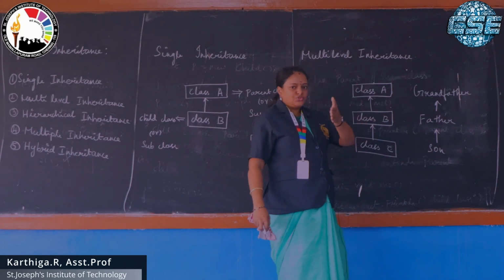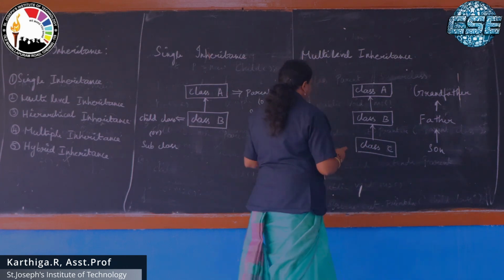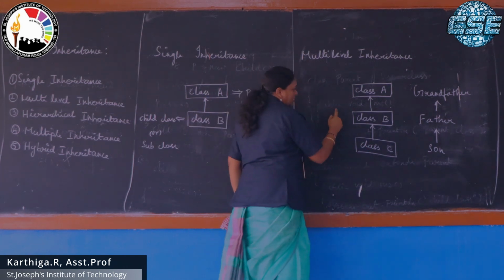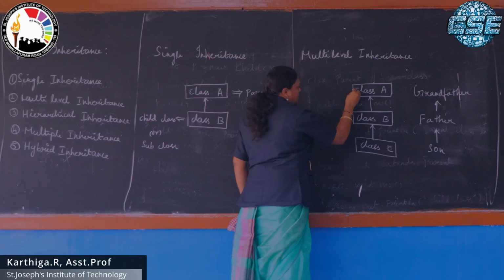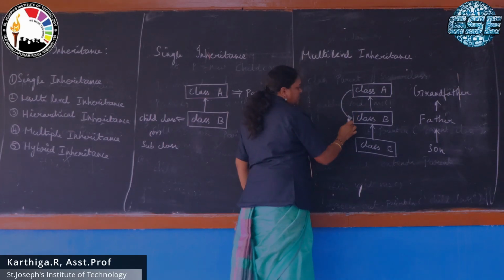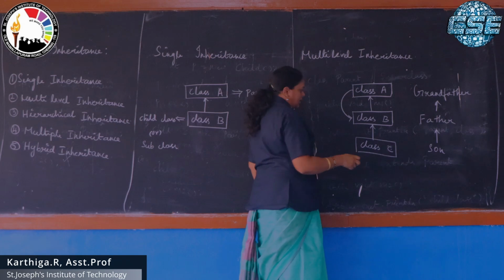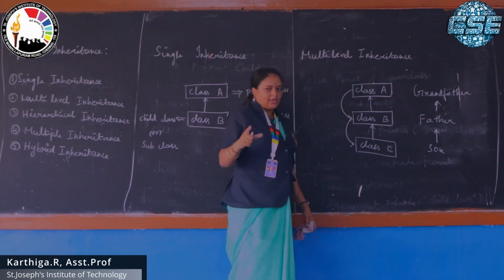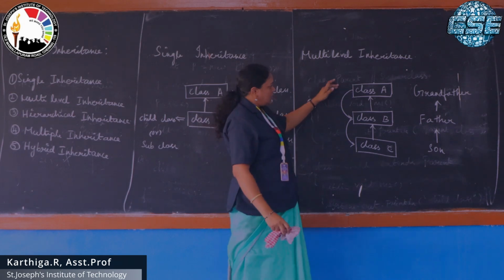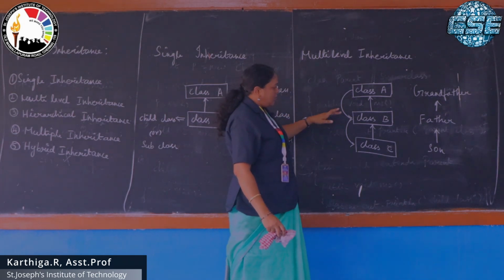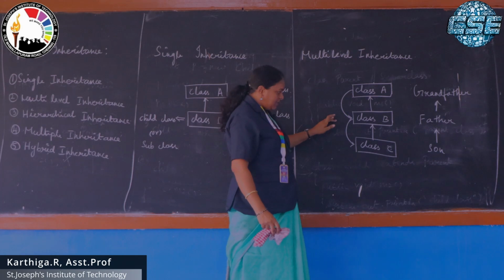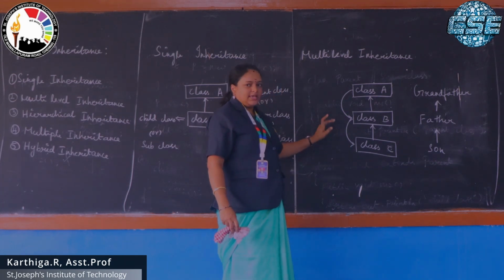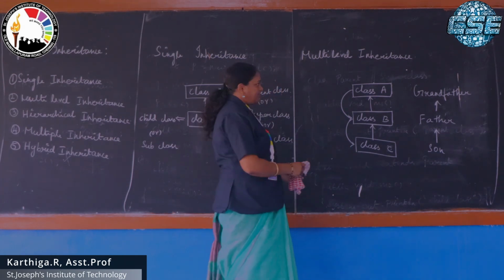Okay, it's like generations. So here for class A, class B is the child class. Okay, for class C, class B is the parent class. So class A is the parent of class B, class B is the parent of class C. Likewise, it goes on. Okay.